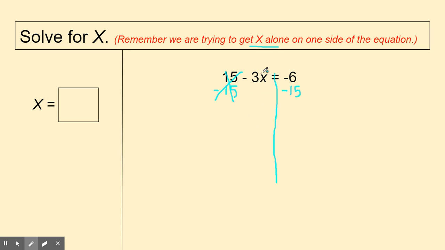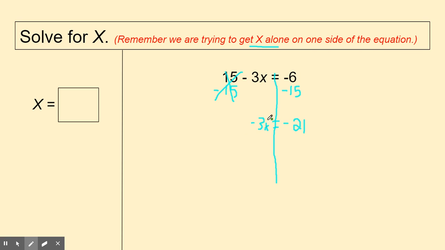So then we are left with just this, negative 3x equals negative 6 minus 15. When we subtract those, we're going to get negative 21. Now we're left with negative 3x equals negative 21.